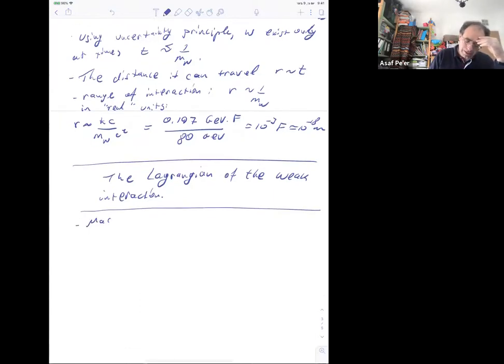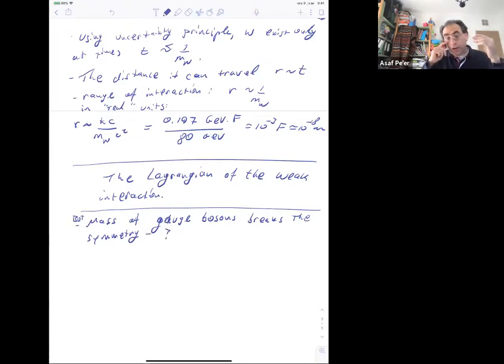Mass problem: the mass of gauge bosons breaks the symmetry. So what do we do? For right now, we're simply going to ignore the masses of the gauge bosons.